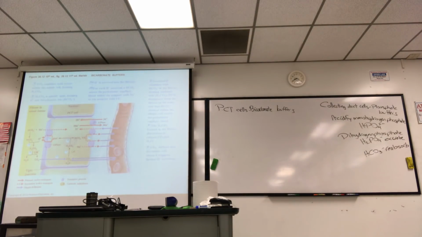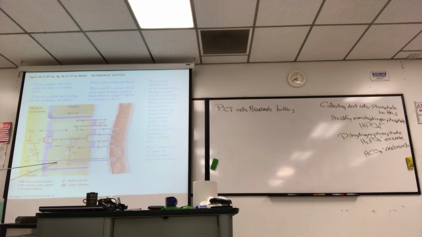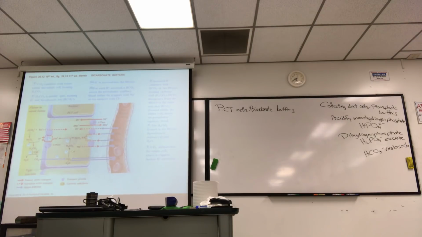Pay attention to CO2. CO2 is an inert gas molecule. It's so small, it can diffuse right into a cell membrane without a carrier. Okay? So that's the first thing. CO2 diffuses into the cell.